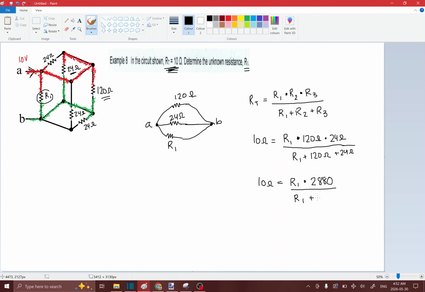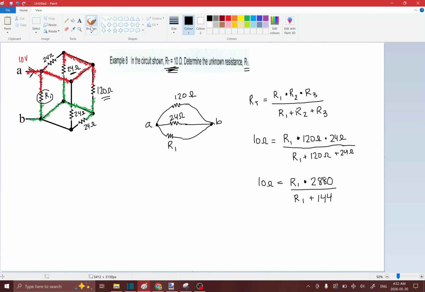That's going to be 144. And I wonder if we can simplify this a little bit. So what we could do is, I think we could probably divide the top and the bottom by 12. Yeah, we can. Oh, but we can't do that here because we're adding R1. So sorry, that's a bit of a math thing there. So yeah, we'll keep it as is, and we'll keep on doing the math to figure out what R1 is.